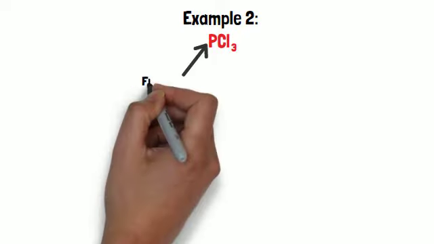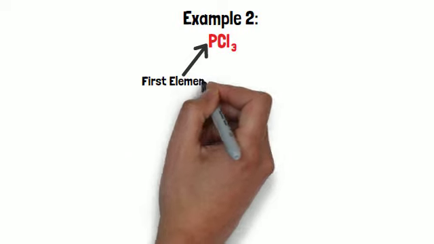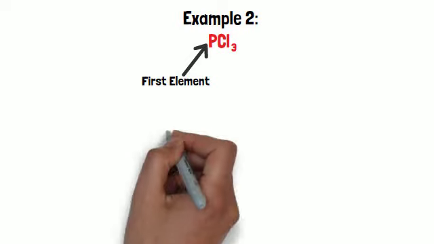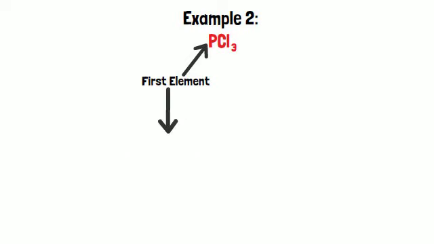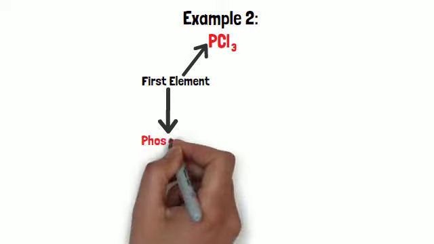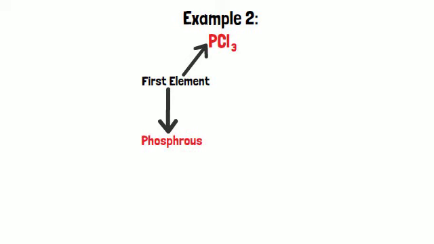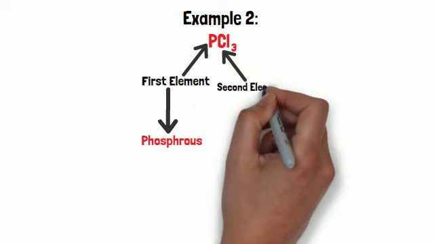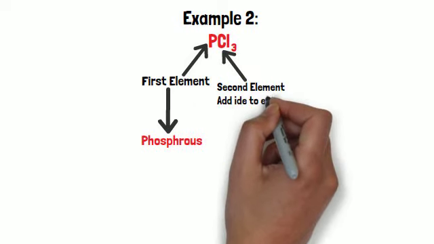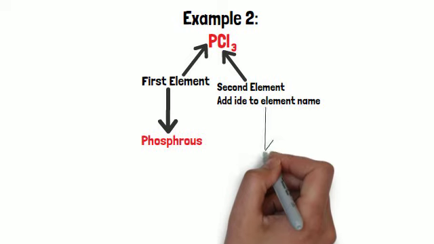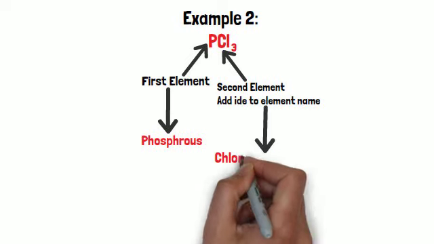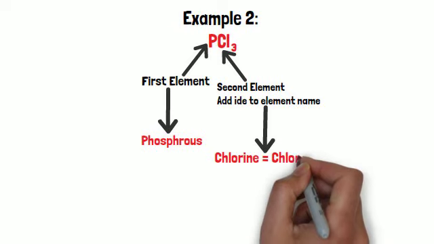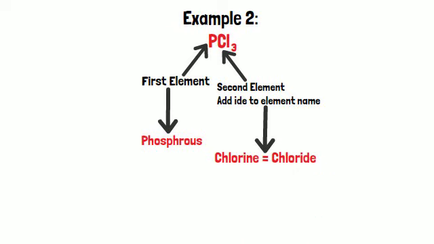Based on our first rule, the first element is named first. In this compound, P is the first element, so it is phosphorus. Next, Cl is chlorine, so we are going to take the element's name and add IDE. Thus, chlorine becomes chloride. Lastly, we're going to make use of prefixes.